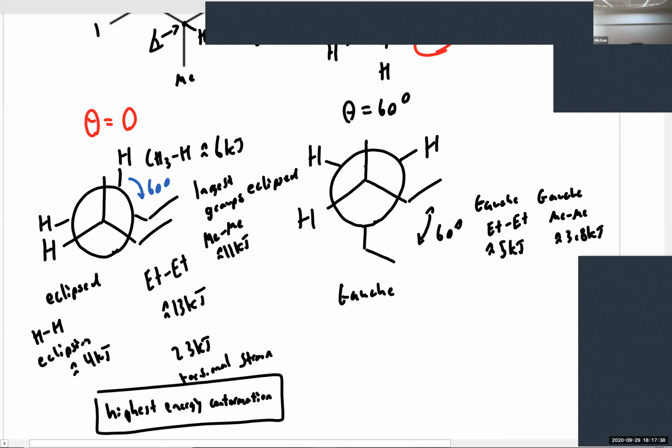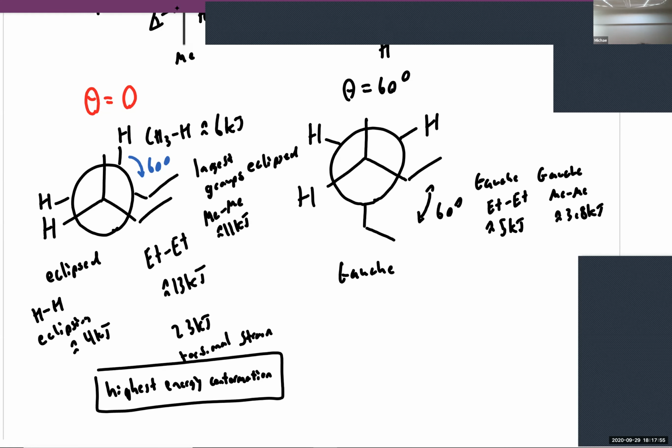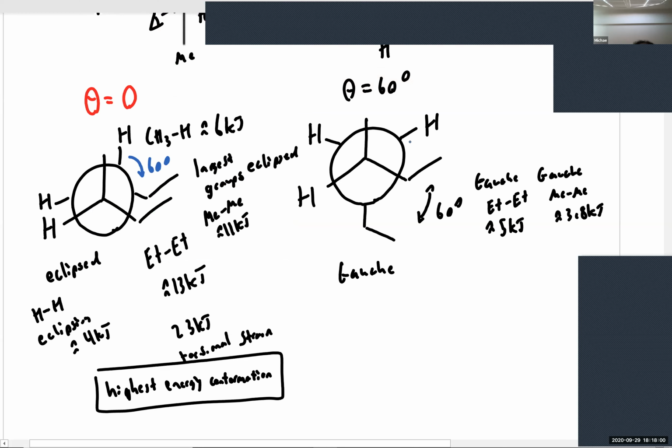Any other major interactions at play? I don't see anything else, so we're good to go in that respect. So let's rotate our back substituents another 60 degrees, and let's draw what we see.